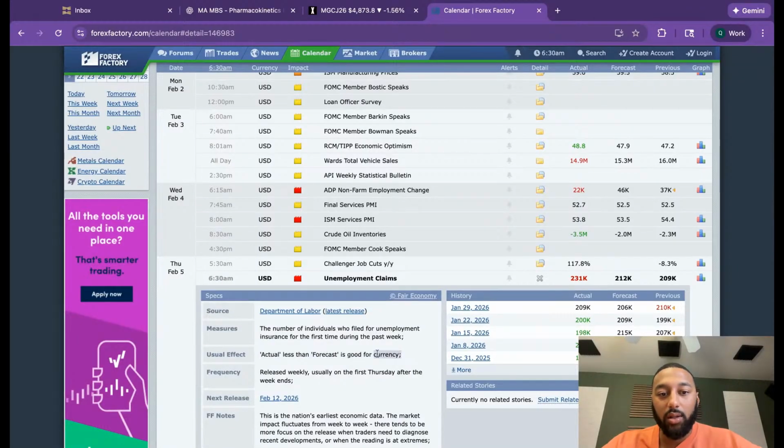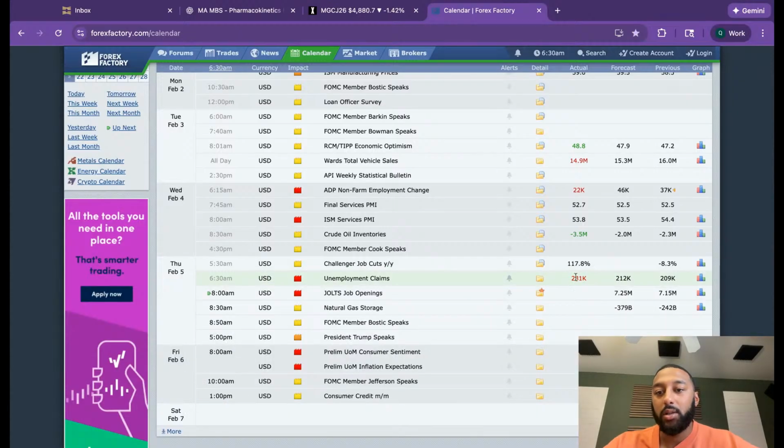And currency is referring to what? US dollar. That's what it refers to. So one more time: actual less than forecast is good for the US dollar. Ergo, actual greater than forecast is bad for the US dollar, like we have just experienced here.